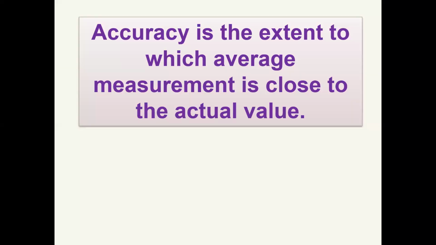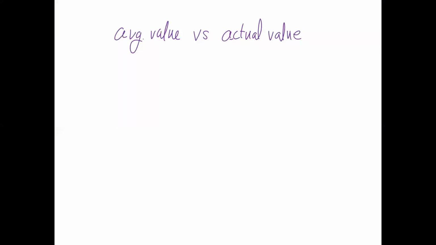Accuracy and precision. What is accuracy? It is the extent to which the average measurement is close to the actual value. Accuracy is always measured from the average value.